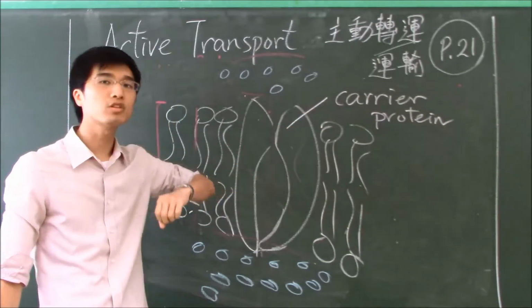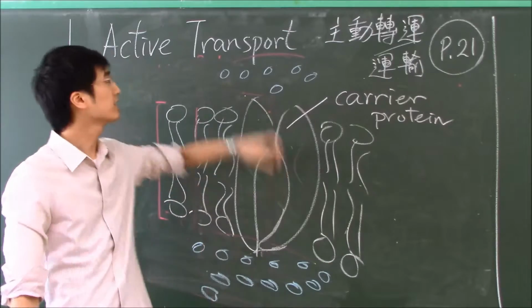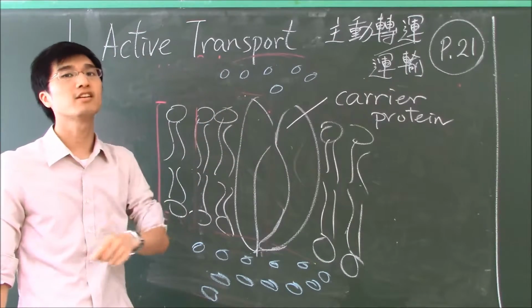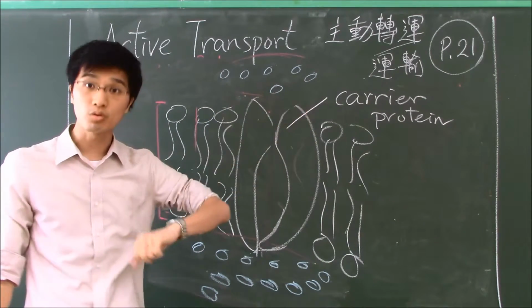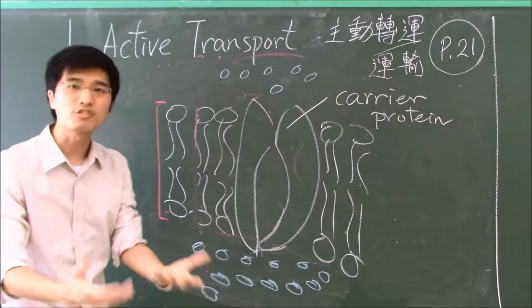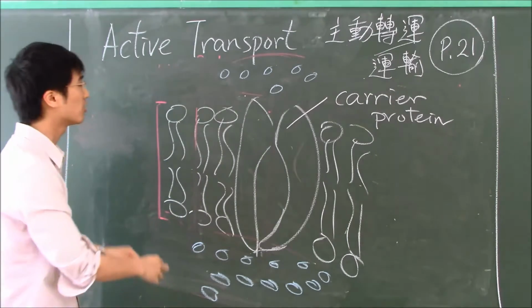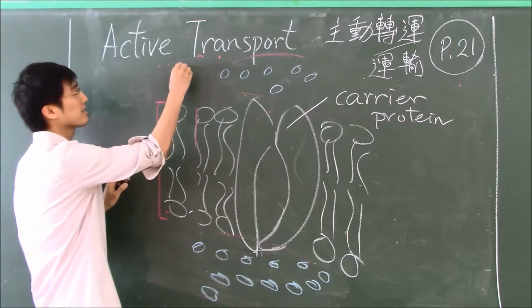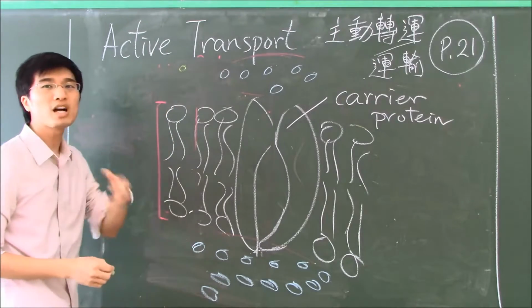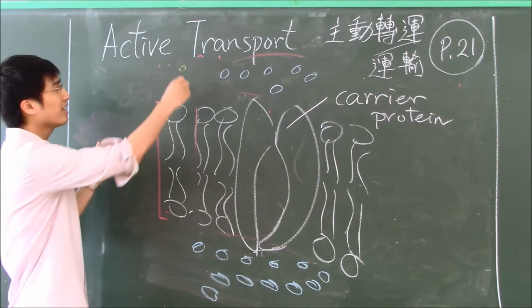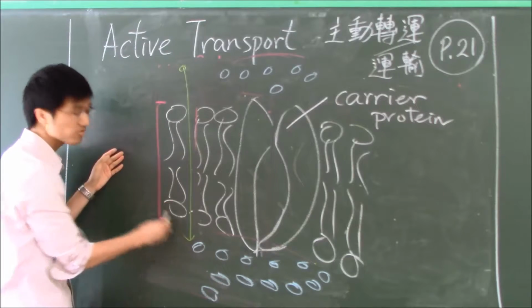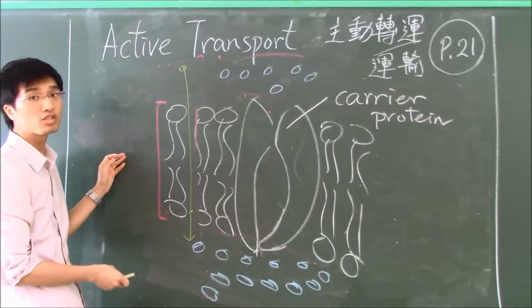So now I'm going to talk about why the active transport needs a carrier protein, but not just letting the substance come into the cell or go out of the cell.